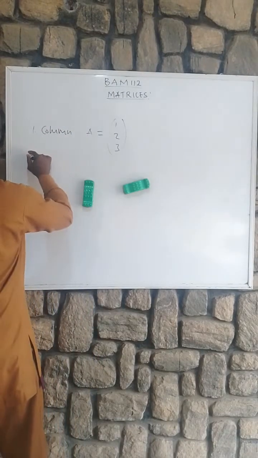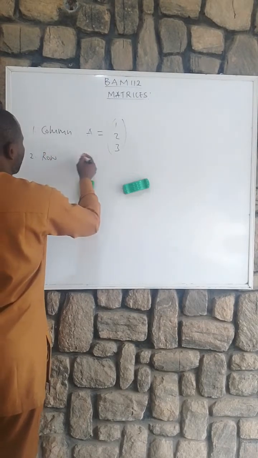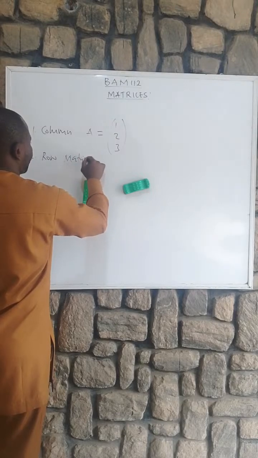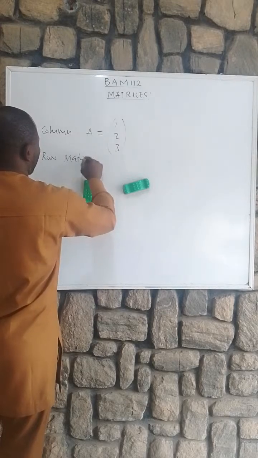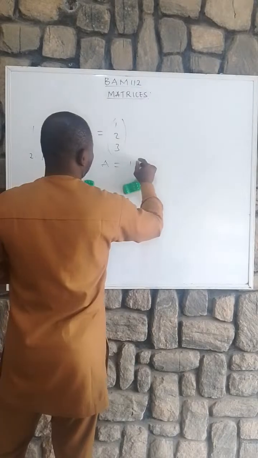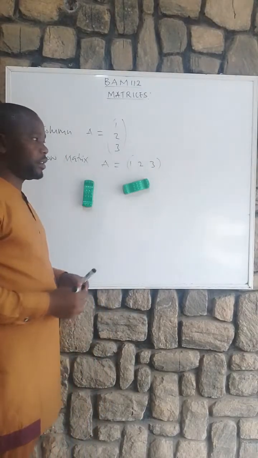We also consider row matrices. An example is 1, 2, 3. This is a row matrix.